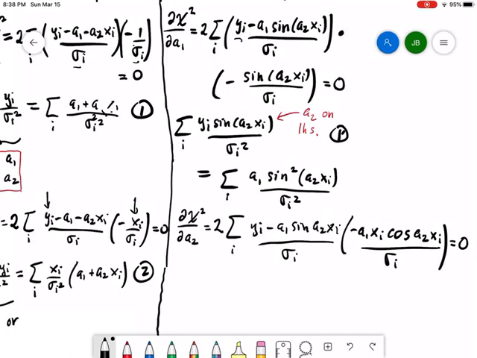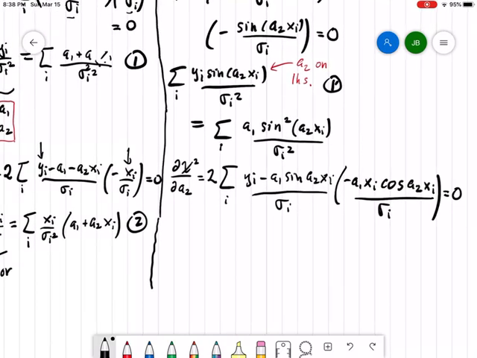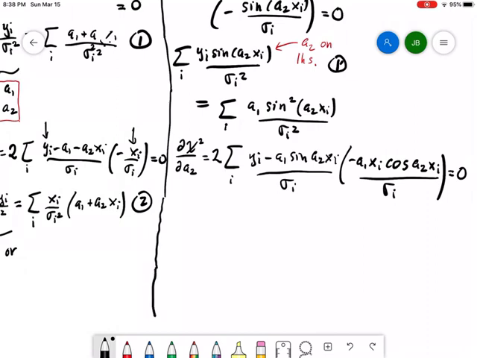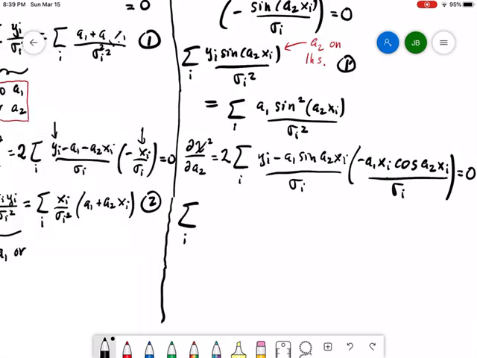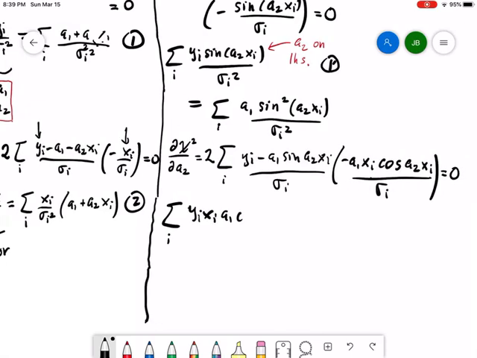So when we try to move the yi term to the other side, we get a whole bunch of other stuff that multiplies it. We have this a1, xi, cos a2xi. On the left-hand side, we'd have this yi xi a1 cos a2xi. There's two factors of 1 over sigma, so we get sigma squared.